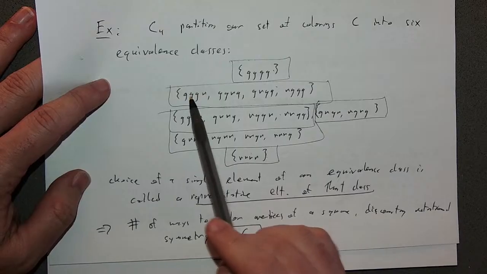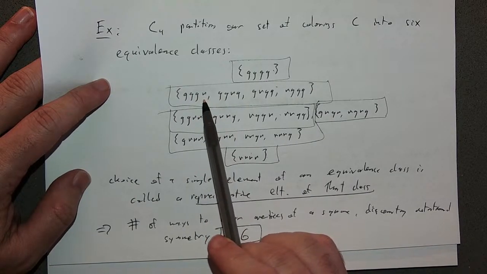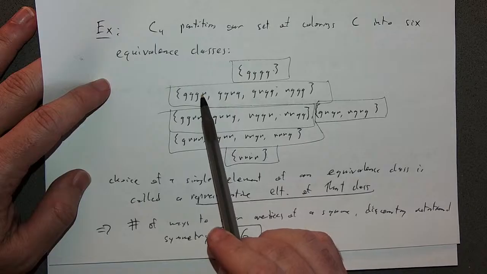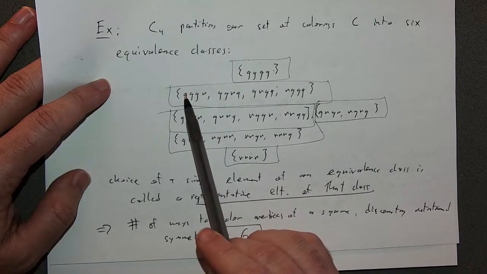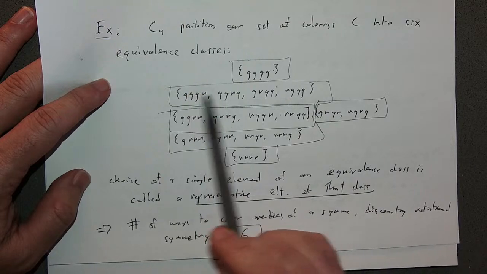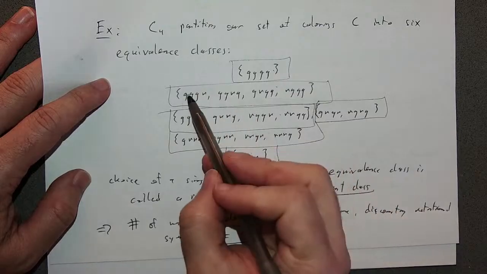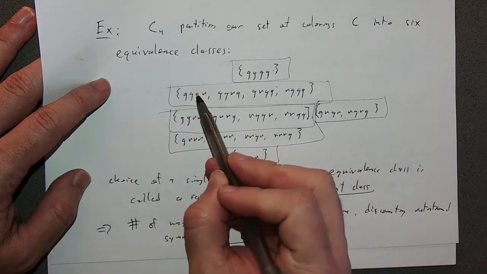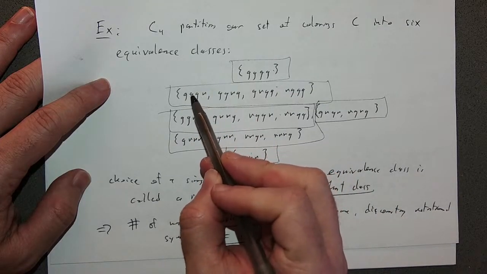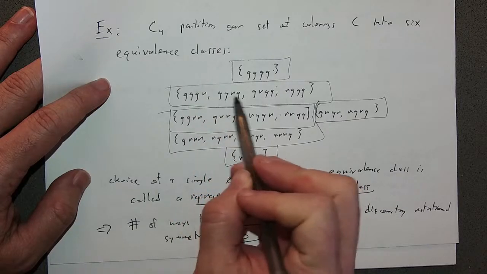So how are these two equivalent? These two are equivalent by doing the permutation that pushes every coloring, indicated by this character string, to the left. So this G goes over here, this G goes to the first position, this G goes to the second position, this R goes to the third position, this G goes to the last position.